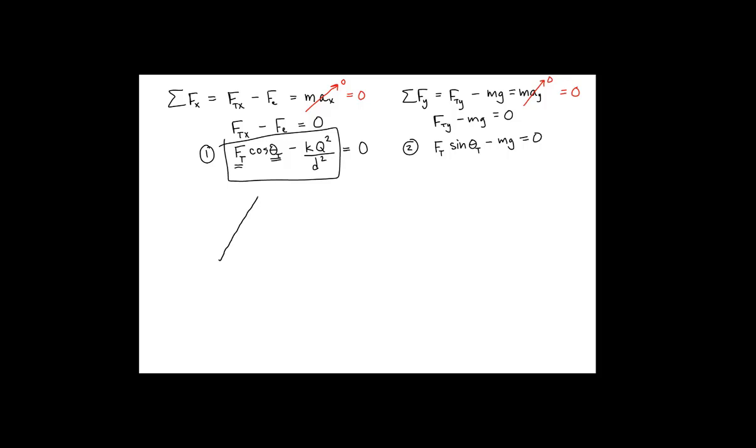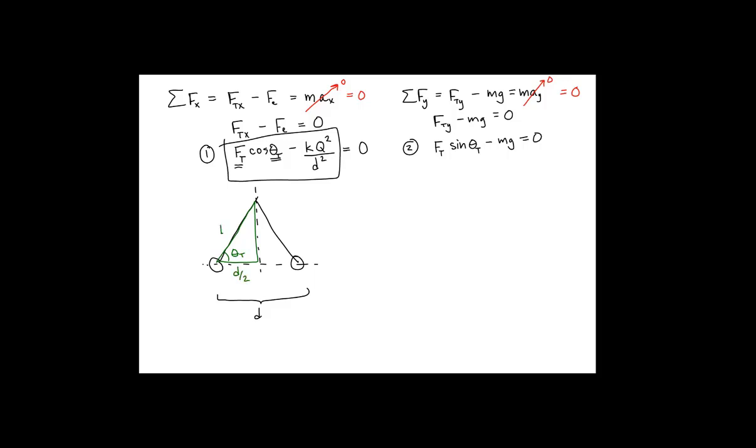So if we look at this scenario, remember the distance between the 2 balls is a distance d. If I create a right triangle from that, we know the leg adjacent to the angle, that leg is d over 2.